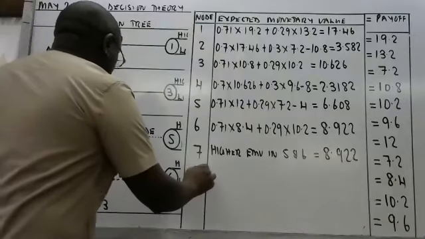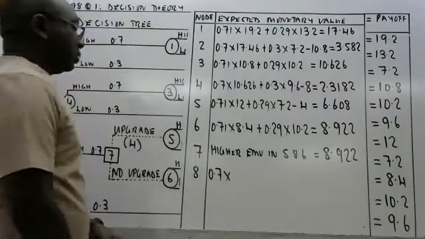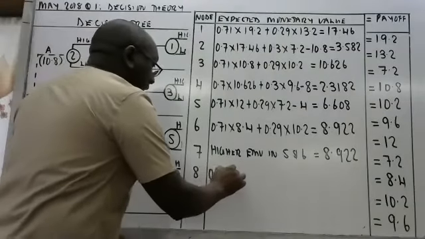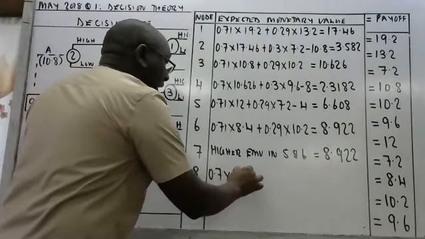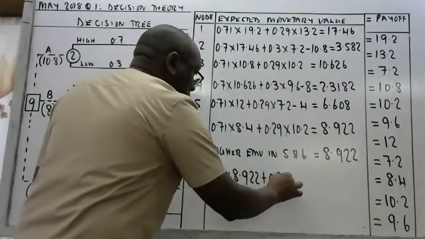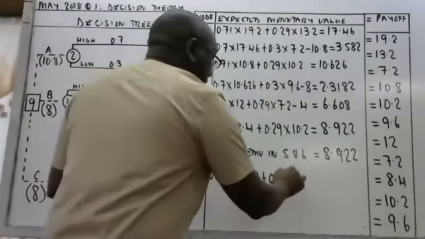So it is a case of 0.7 times what we have in number 7. That is 8.922 plus 0.3 times the one there at the end, 9.6.